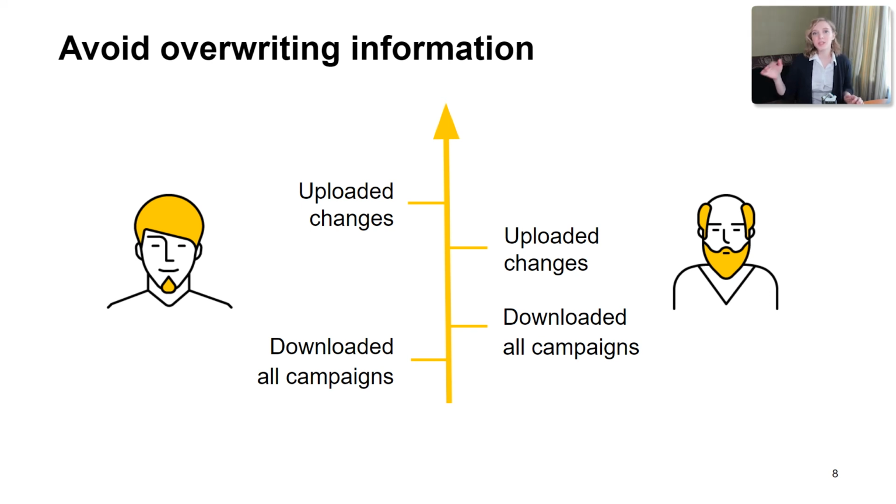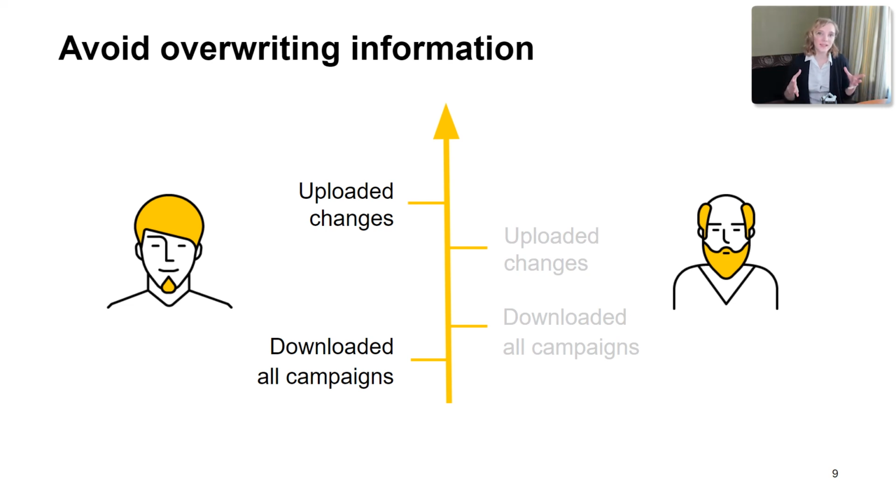He, for example, wants to raise bid adjustments for all campaigns. He did that and uploaded the campaigns to the server. After a couple of hours, you also finished your work and uploaded your changes to the server. As a result, all changes which were applied by your partner were overwritten and lost. I think you do not want that.